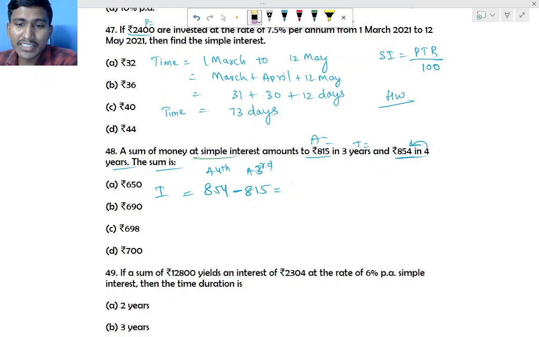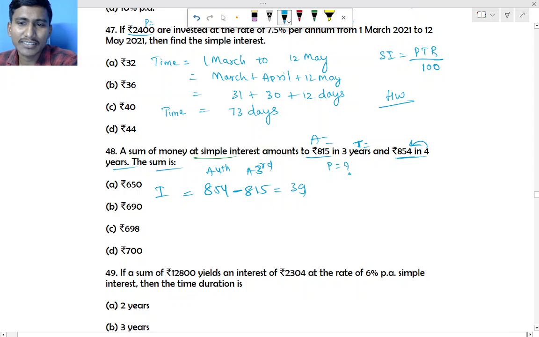So 39 is the interest, right? You already know the time, right? Time you know, so can you find the sum? That is the principal you have to find here. Will you be able to do?